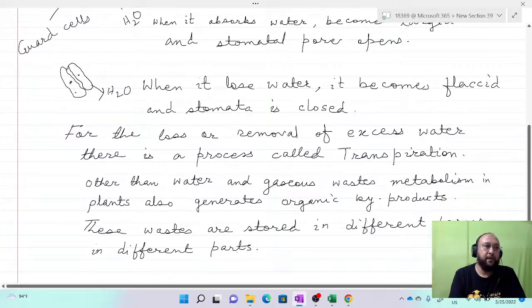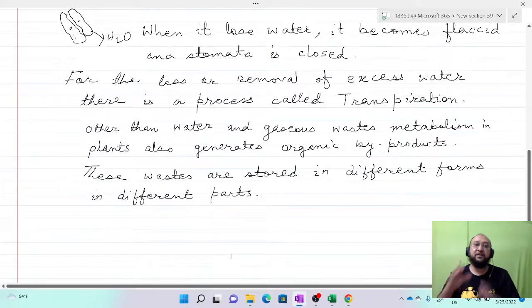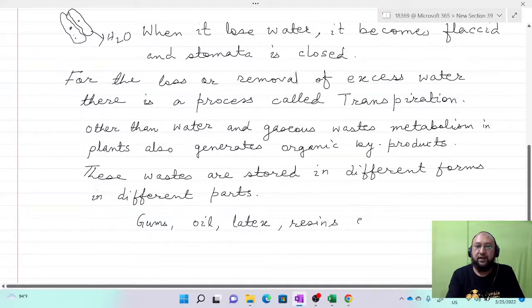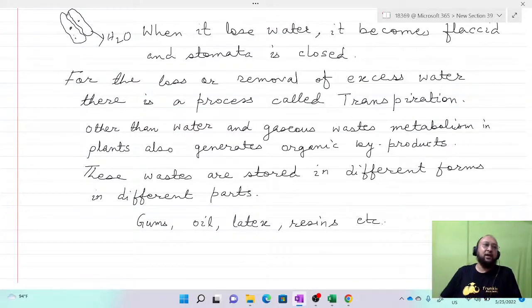Now, what I'm going to tell you is important, for example. What are these substances which are stored in different forms? That is gums, oils, latex, resins, etc.